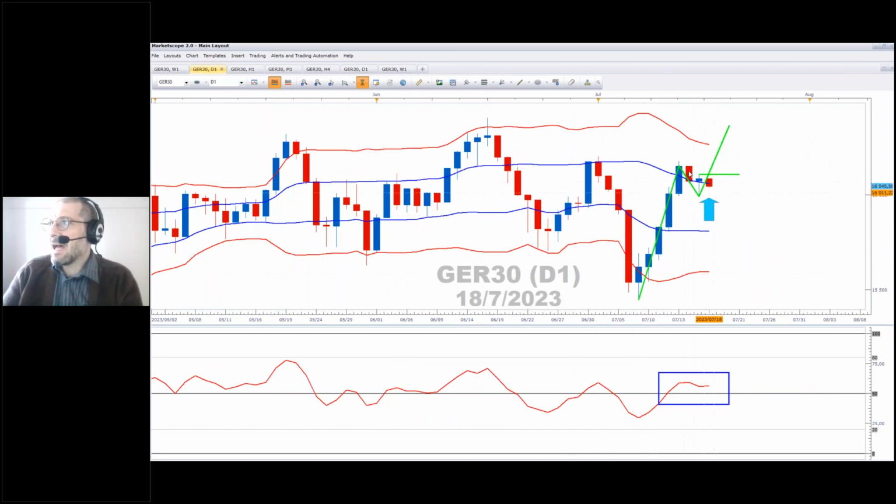I'd be more comfortable if we had a reference candle reversal here. The fact that we're lacking the reference candle reversal here, I think that we still need to be patient with the DAX at this stage. I think that the currencies are looking more interesting today. All right. Any other questions there?